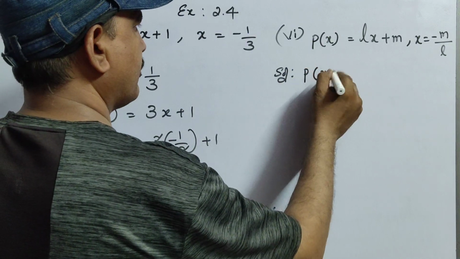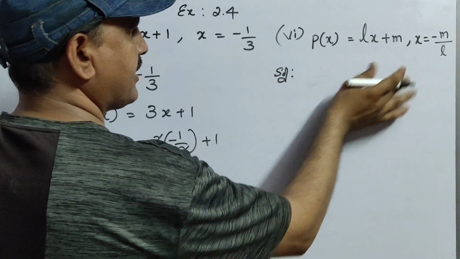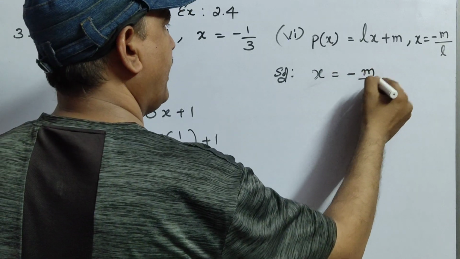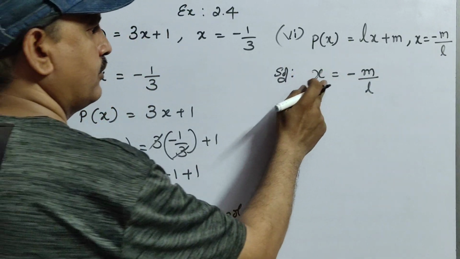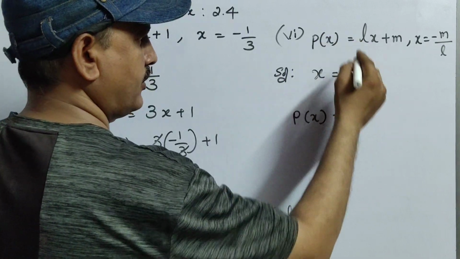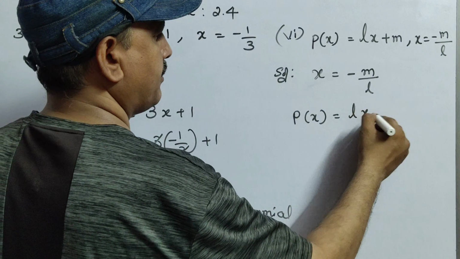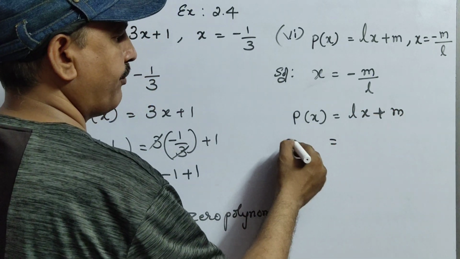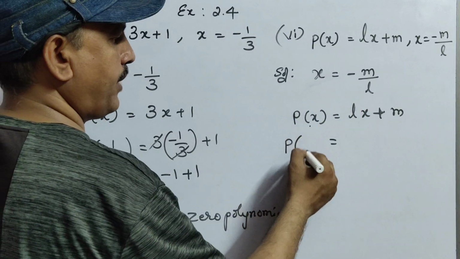Write whatever x is given: x equals minus m by L. Now, P of x equals Lx plus m. Now, P of, what is x? Minus m by L.